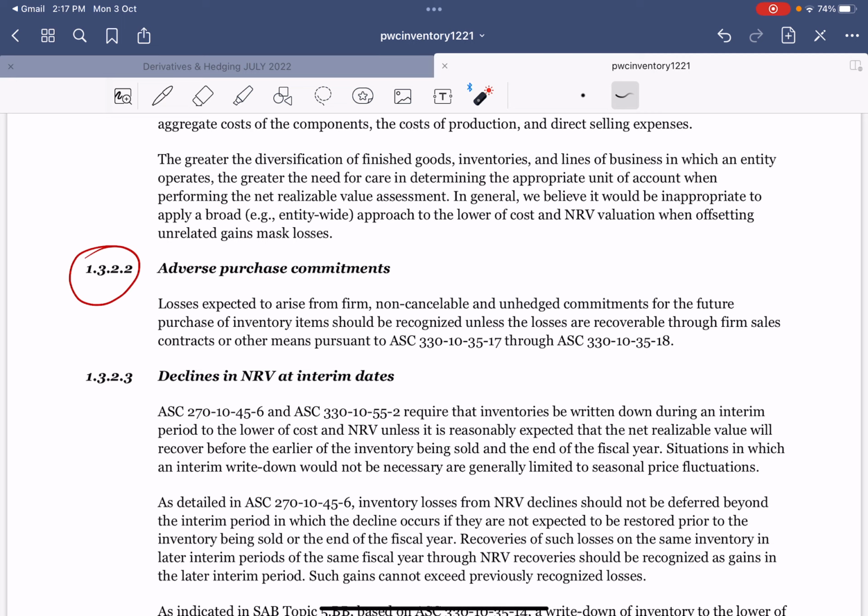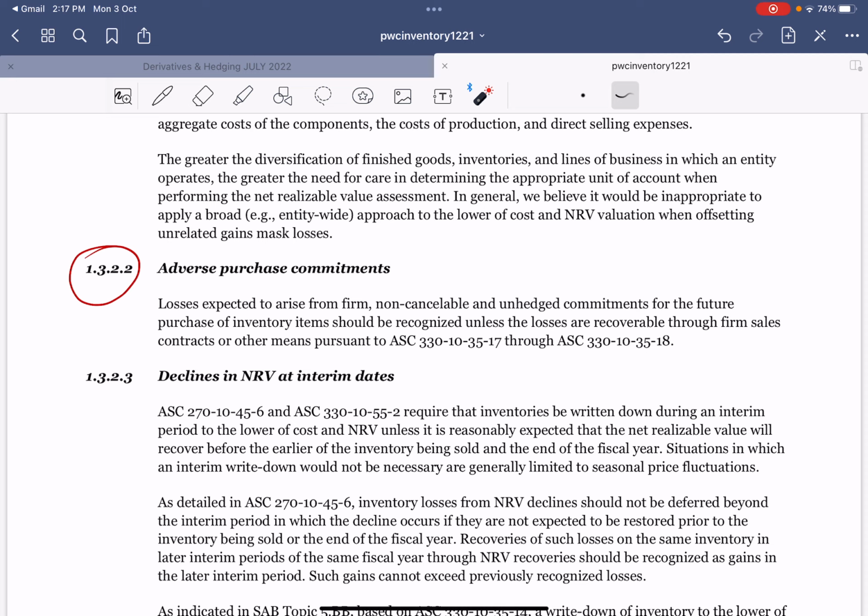Like, if the company has entered into a non-cancelable agreement, where after the agreement they are incurring losses, but if such loss is recoverable through firm sale contracts, then this should be recognized.